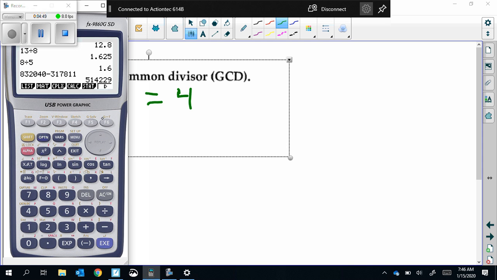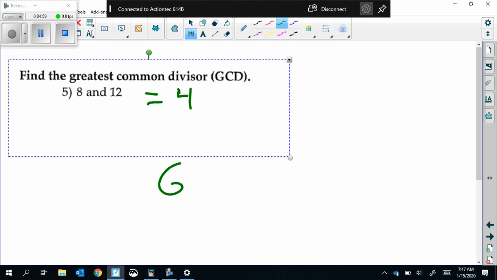When you go to option, number, there's more options than this on your calculator. You can scroll over to GCD. You type in the 2 numbers. 8, 12, hit enter, and the calculator will tell you that the answer is 4.